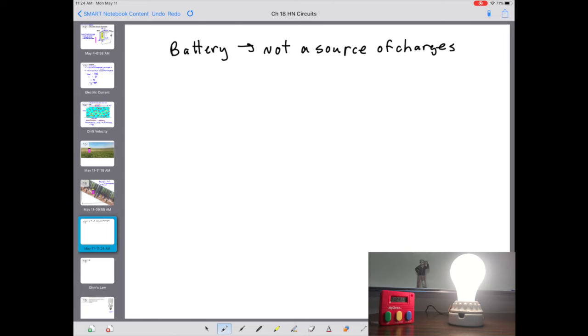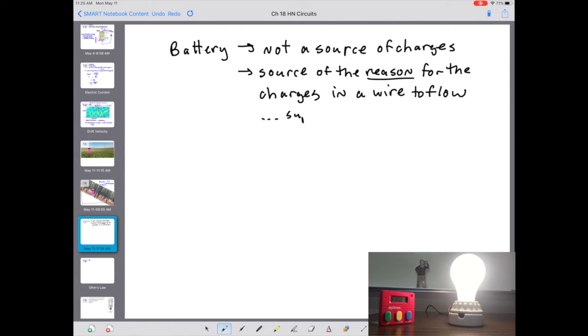It's not an organized motion. It is rather chaotic as billions of charges run into atoms and kind of find their way through. So a battery is not a source of charges, but it is a source of the reason for those charges to flow. And that reason is that it supplies that electric potential or potential difference, the high and the low.